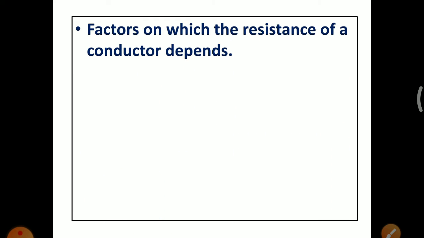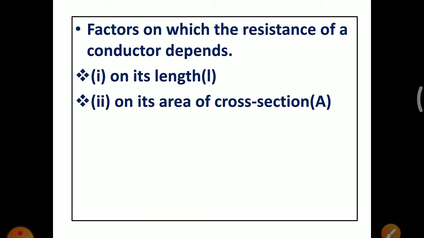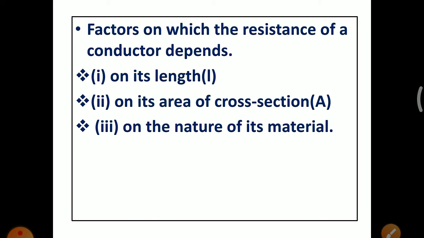The next topic: factors on which the resistance of a conductor depends. It depends on its length L, on its area of cross section A, on the nature of its material, and temperature.